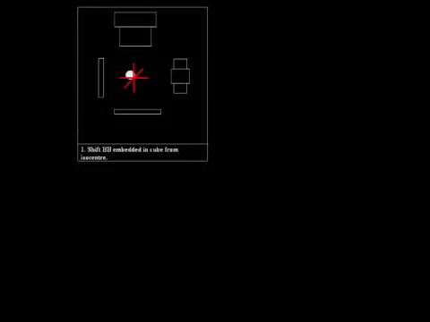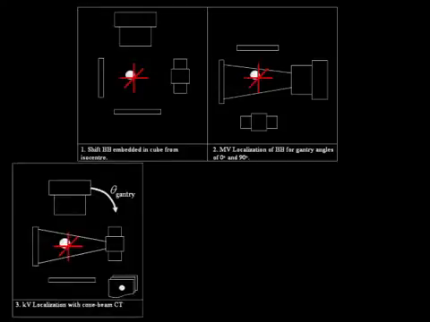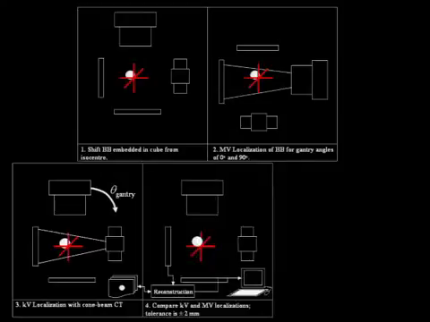And the way that we've been using it is to set the Phantom up at an offset position with respect to the isocenter. Subsequently, we take our portal images to assess the MV localization. We perform the cone beam CT to assess the localization according to cone beam CT, and we compare the localization; again, they're slightly offset with respect to the isocenter.